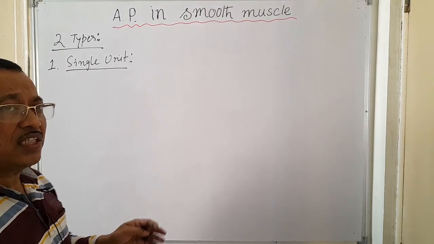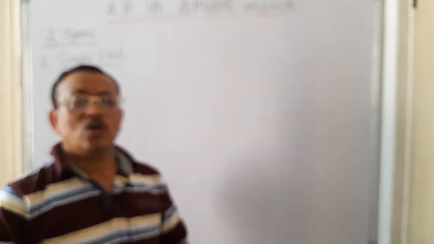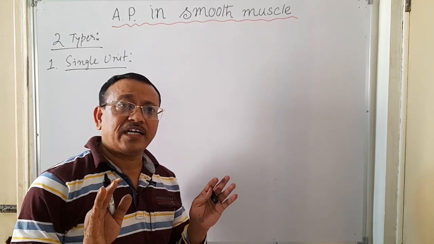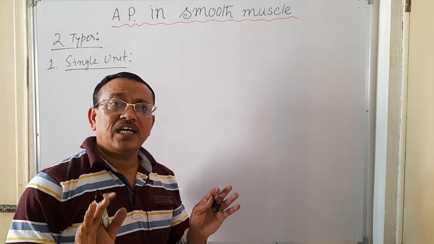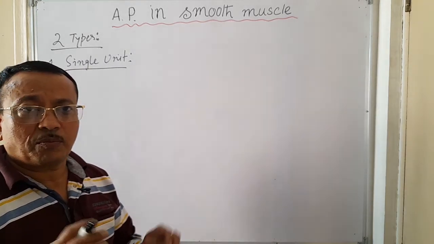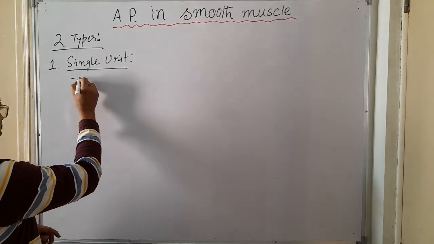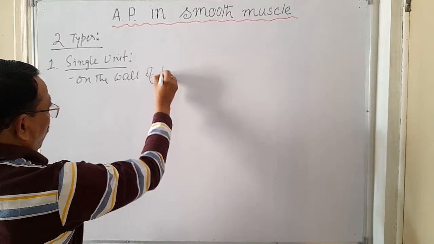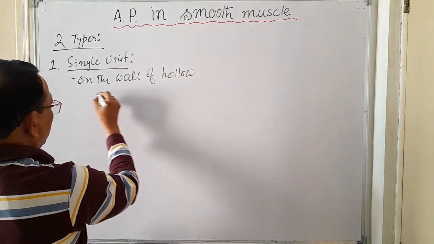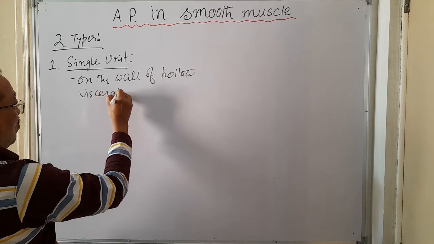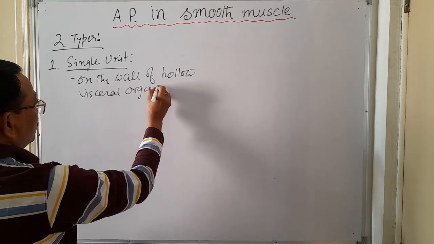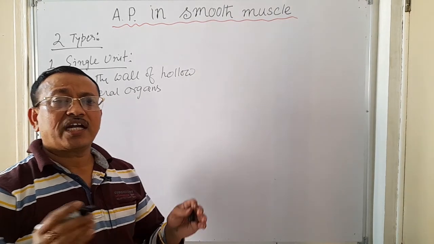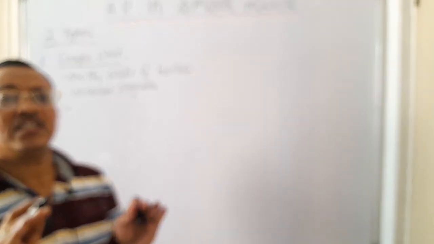Single unit smooth muscles are present on the wall of the hollow visceral organs like the gastrointestinal tract, like the blood vessels, all of the blood vessels. And these smooth muscles are connected with each other in the particular tissue.